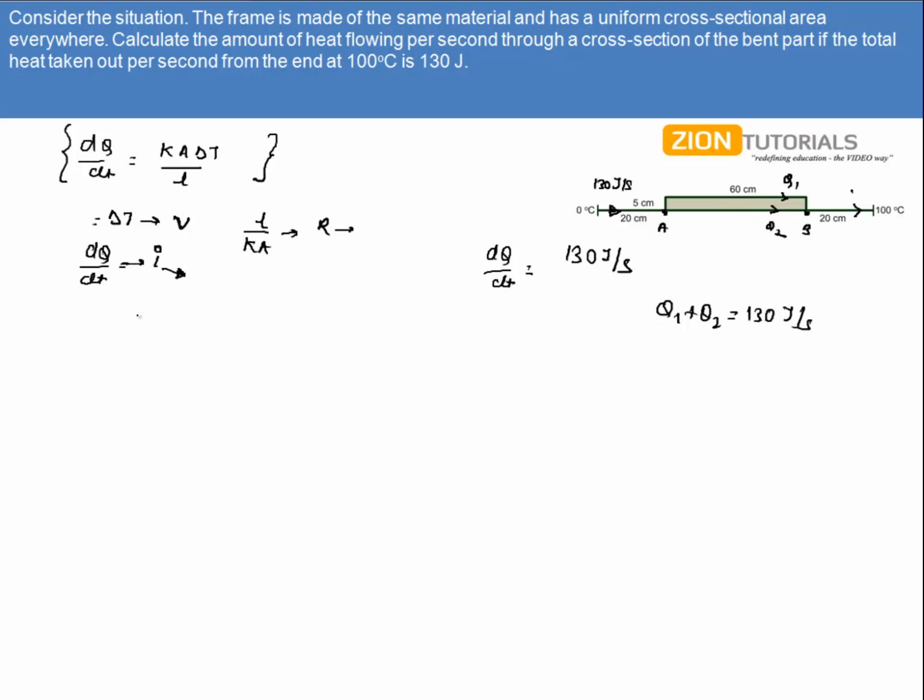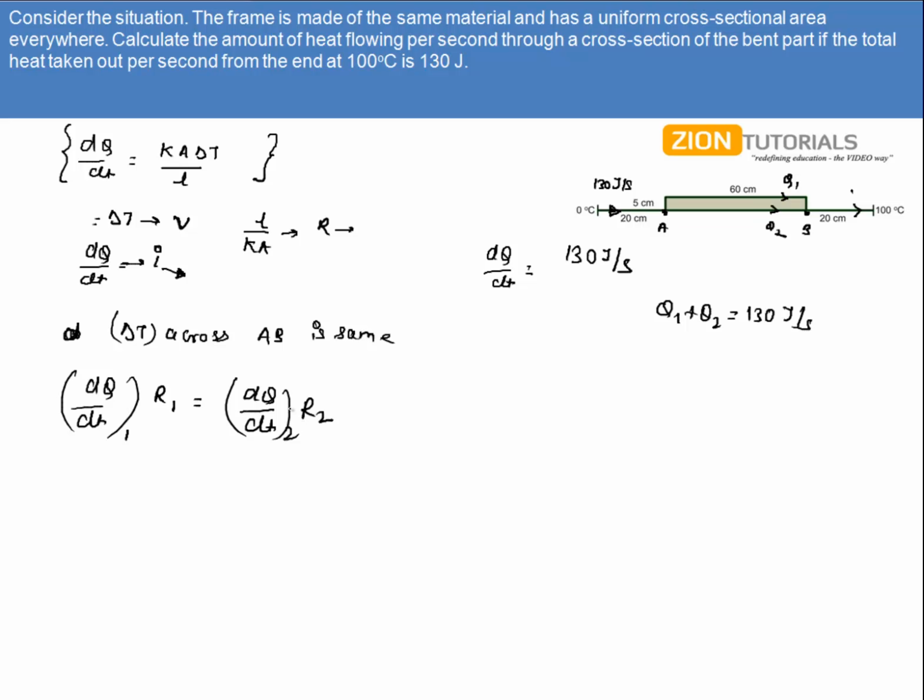Alright, so what I write is that delta T across AB is the same, so I can write dQ by dt 1 into R1, that is thermal resistance, is equal to dQ by dt 2 into R2, that is again the thermal resistance.